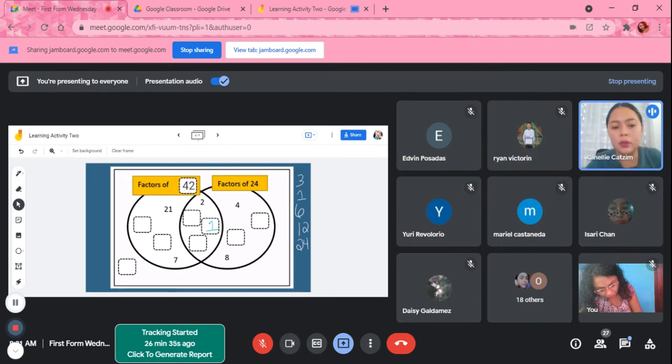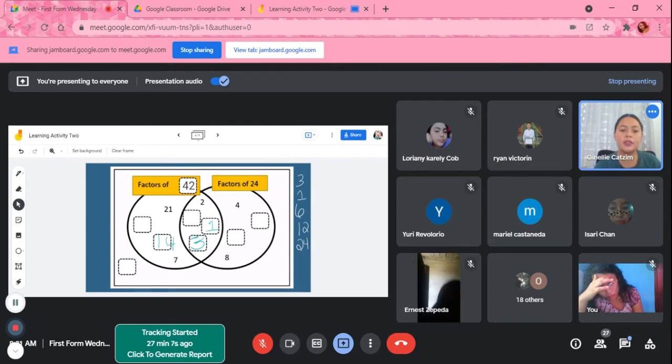Okay, so let's find the factors of 42 now. We have 1, which we know about. We know about 2. We have 3, so we can now put that in the center. We have 6, 3 and 6.